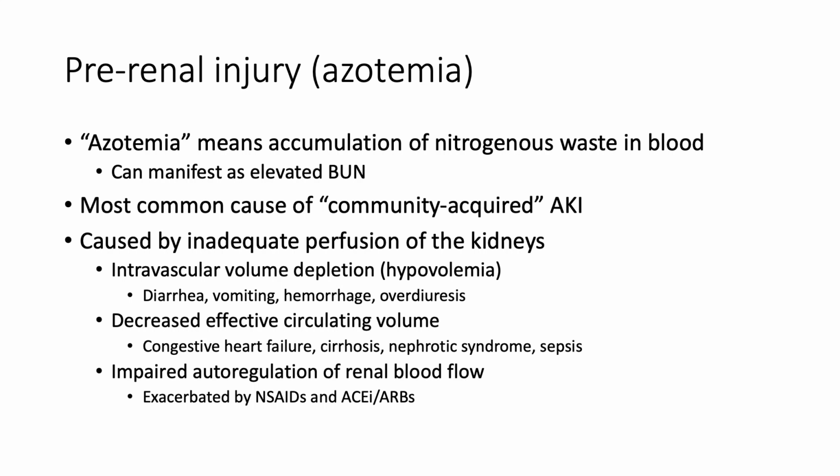A very classic example of that would be congestive heart failure, especially if someone has low cardiac output. If they don't have good forward flow and stroke volume, then the kidneys are going to feel like they're not getting enough blood flow from the heart, and so you might see an acute kidney injury develop because of that.